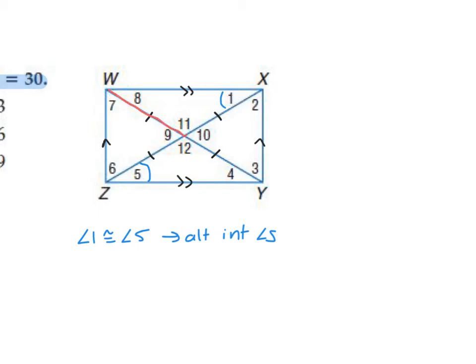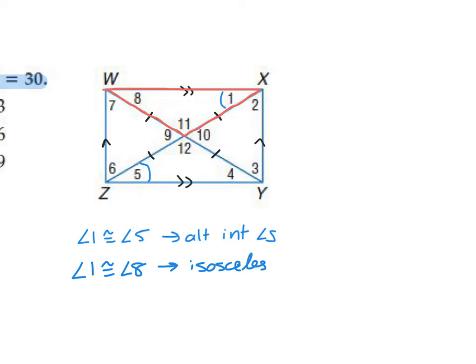So here you can see one of those isosceles triangles. So since our triangle is isosceles and it has 2 congruent sides, it's also going to have 2 congruent angles. So we also can conclude that angle 1 is congruent to angle 8 because it is an isosceles triangle.